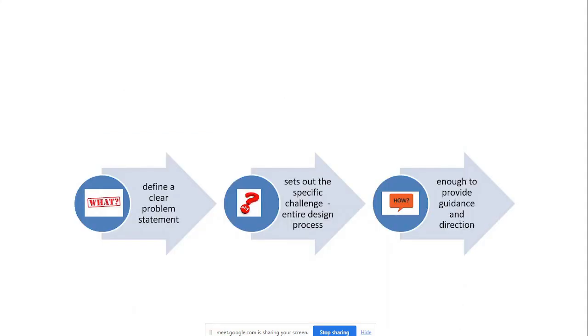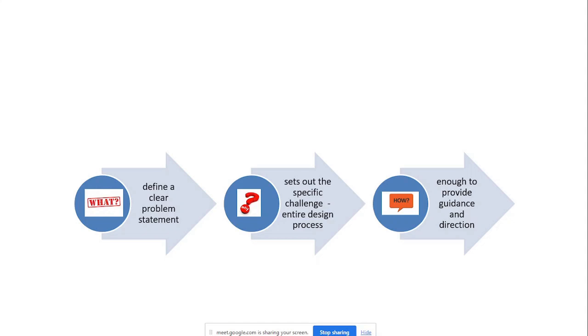Here also, the same three questions came, which are what, why, and how. In the define area, the what question deals with defining a clear problem. It is not a generalized problem. The problem should be specific. After that, why do I sort out this problem, and why do I solve that specific challenge from the entire model?